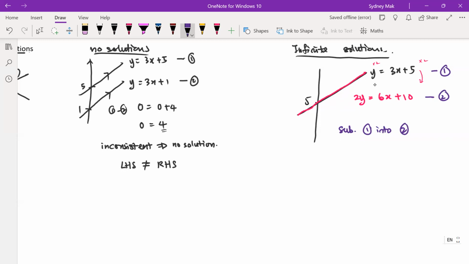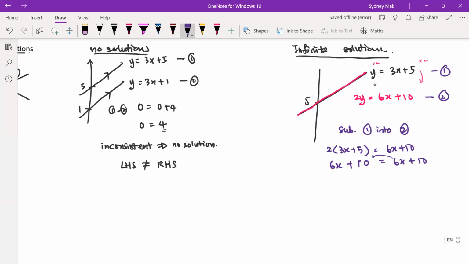So I use the substitution method. Whenever I see y, I replace it with 3x plus 5, equals 6x plus 10. On the left-hand side, when I expand it, I have 6x plus 10, and the right-hand side remains 6x plus 10.